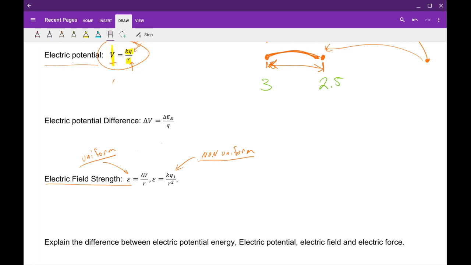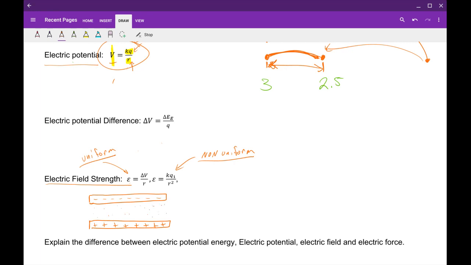So you might be saying, well, hold on, you're losing me a little bit. Let's explain this a little more. The uniform field is like this. Remember, there's only one way to create a uniform field in electricity, and that's to have 2 parallel plates that are charged. Now, the field strength is the strength in this whole area in here.